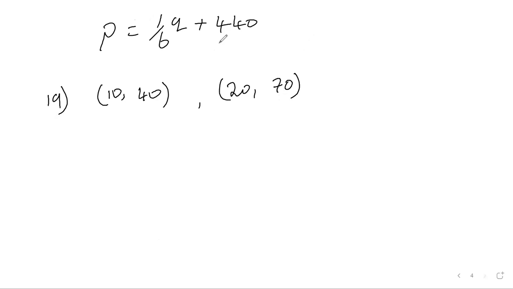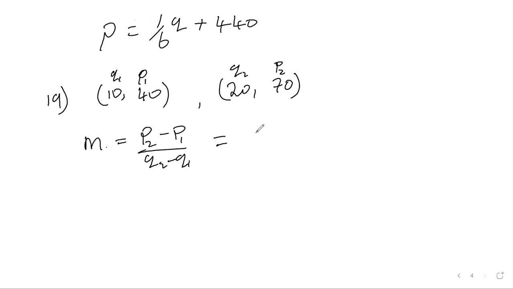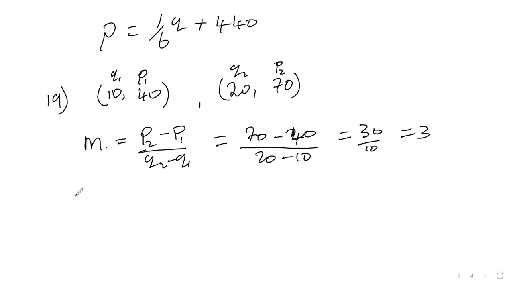Okay, so the same story. We find our M first, from our Q1, P1, Q2, P2. M will be P2 minus P1 over Q2 minus Q1, which is 70 minus 40 over 20 minus 10. So we get 30 over 10, which is 3. Then our equation, P minus P1 equals M times (Q minus Q1).